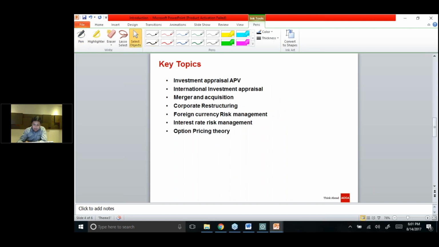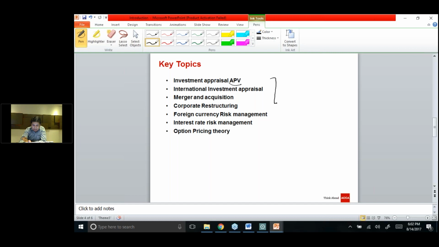The main and key topics of P4 are investment appraisal, which includes the most important topic, APV. Then international investment appraisal, when you invest in some foreign projects. Then merger and acquisition, corporate restructuring, forex, the foreign currency risk management, interest rate risk management, and option pricing theory.